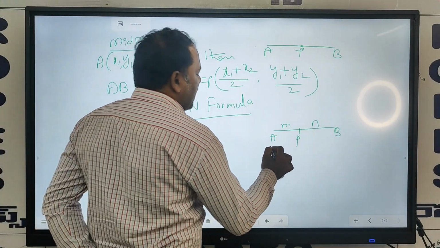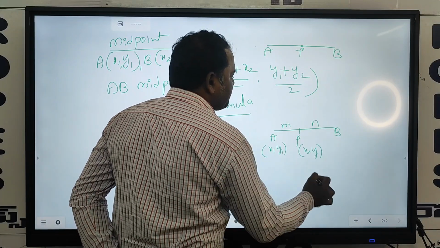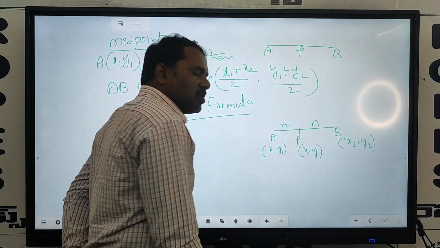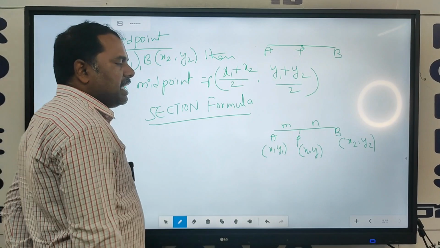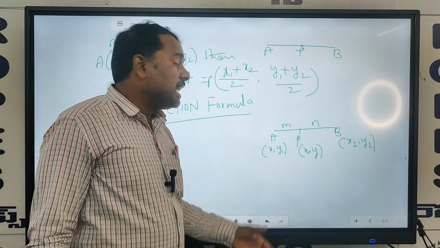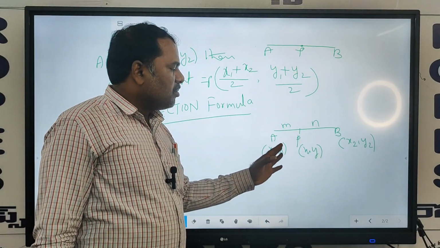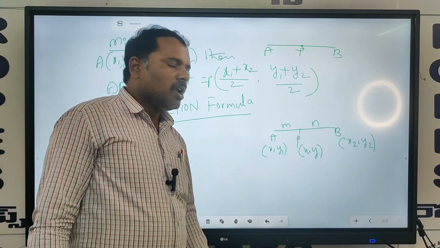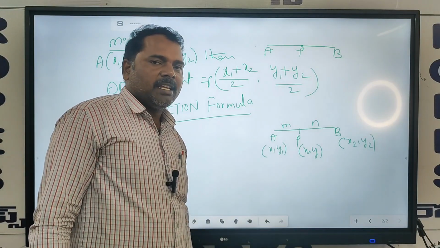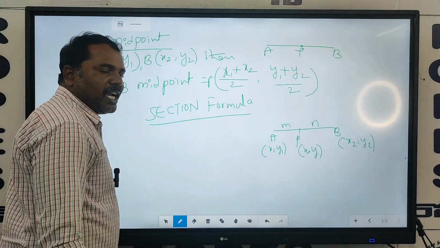Then how to find? See, A (x1, y1), P (x, y), B (x2, y2). How to find the point P (x, y)? So here P is dividing AB in the ratio M and N, and the points of A and B are (x1, y1) and (x2, y2). Then what are the coordinates of P? That's what we have to find. See here P is internally dividing.